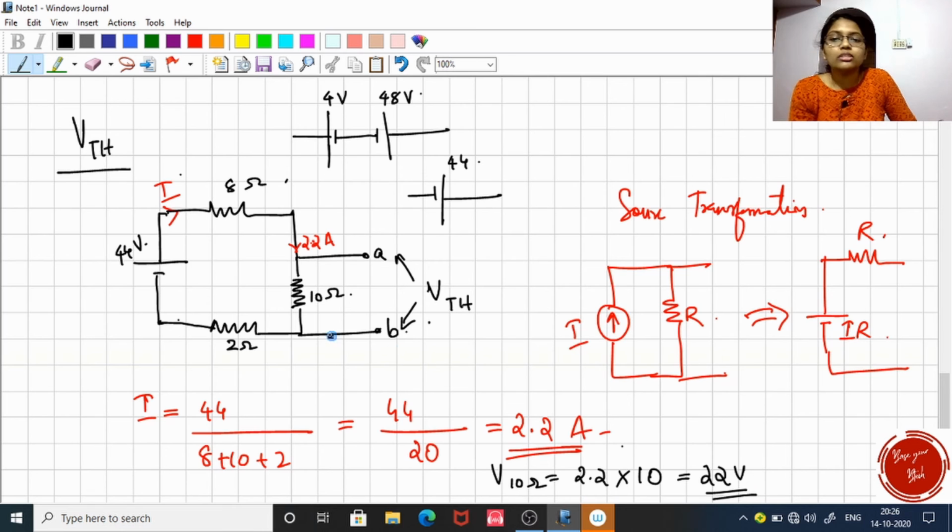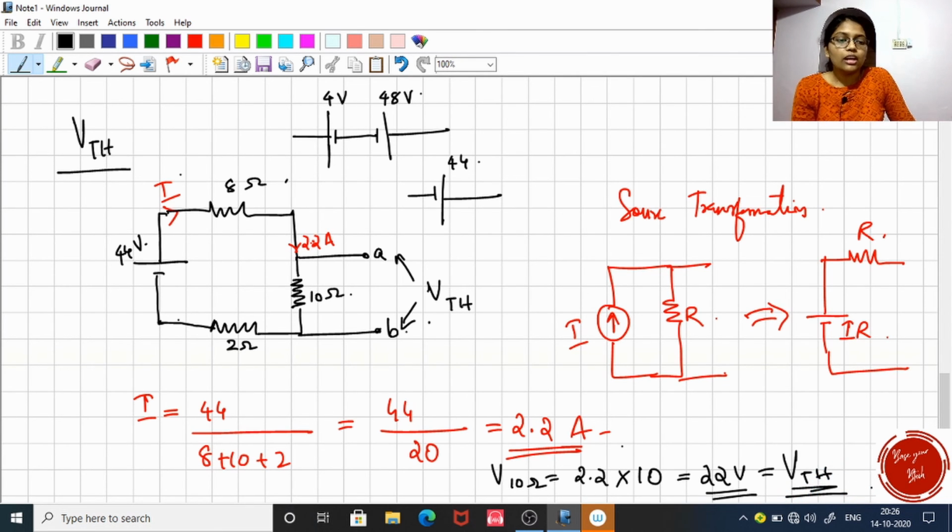This is the voltage drop across the 10 ohm resistor, and the AB terminal is in parallel with the 10 ohm resistor. So the voltage across 10 ohm is equal to the voltage across AB, which is our Thevenin voltage, that is 22 volt.